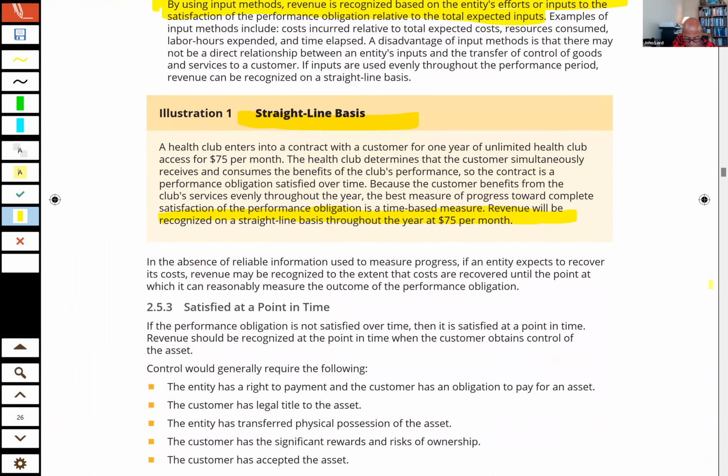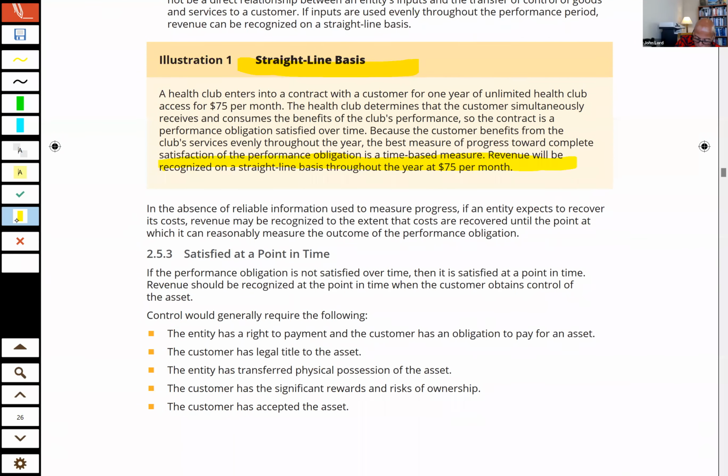Okay, now satisfied at a point in time. If it's not satisfied over time, it's satisfied at a point in time, and revenue should be recognized at the point in time when the customer obtains control of the asset. So let's see what control would constitute, and let's flashcard that.